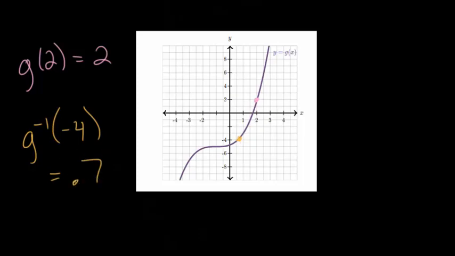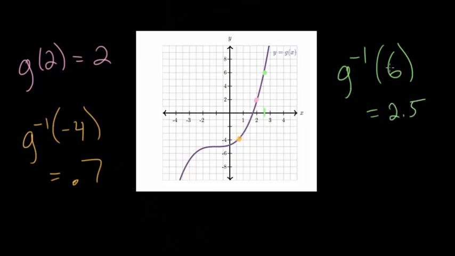And I could also ask, let's say, what is g inverse of 6? So again, this is given a y value of 6, what is the x value? So I go up to a y value of 6, I go over to my function right here, and that looks like an x value of 2.5.